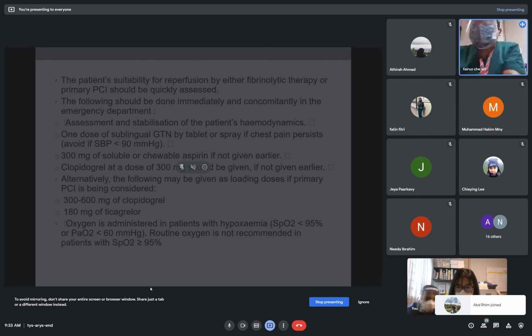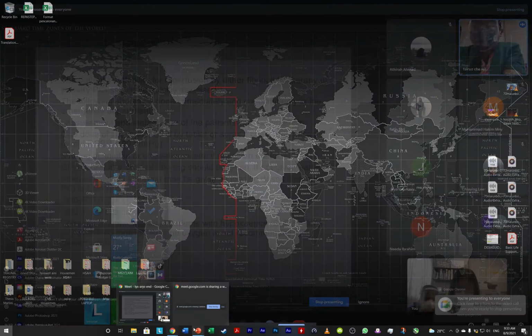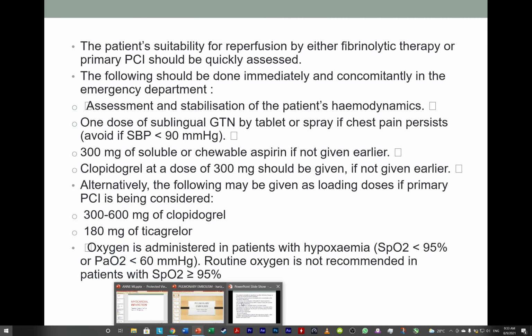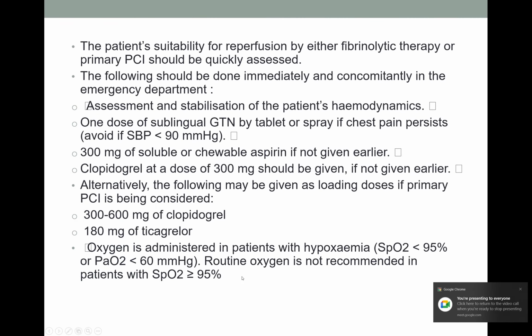Ticagrelor skips a few of the metabolism steps, so it functions faster. So it's the preferred agent if the patient is going for primary PCI. I'm not sure whether we have it here or not. Obviously it's newer and more expensive.